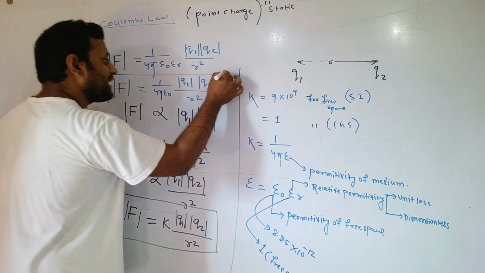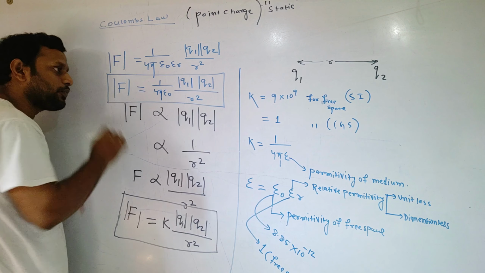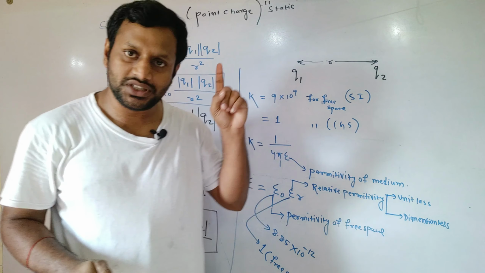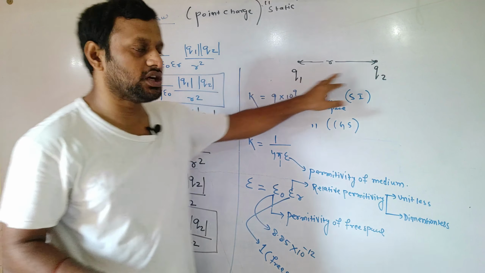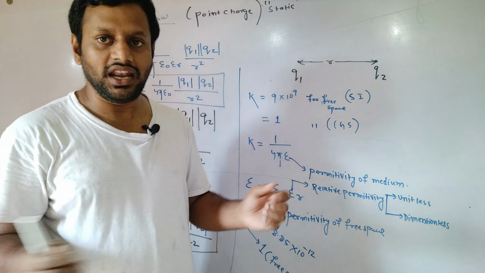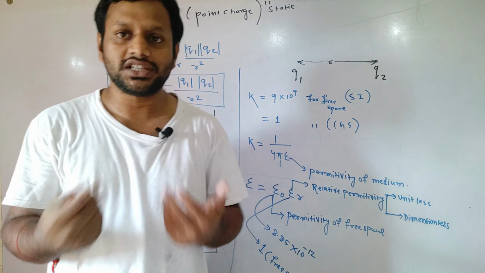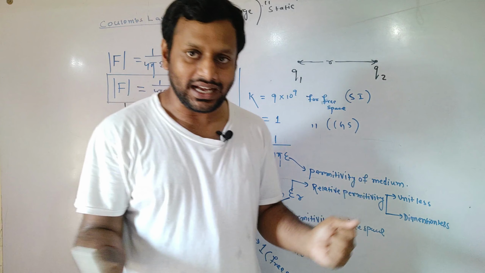Force may be an attraction force, it may be a repulsion force. If q1 and q2 are of the same nature, then the force is a repulsion force. If q1 and q2 are of opposite nature, then the force is an attraction force.